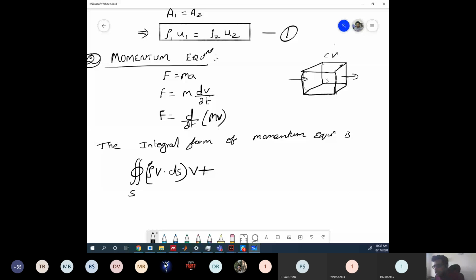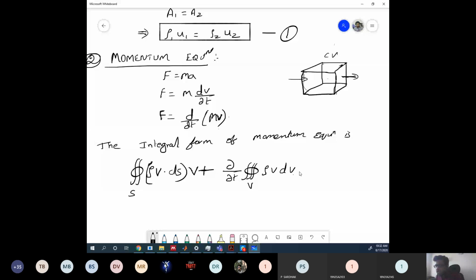So that should be with the time rate of change. So that will be dou by dou t of the volume integral of rho v d-volume. So this is m and this is volume. So this is the time rate of change.